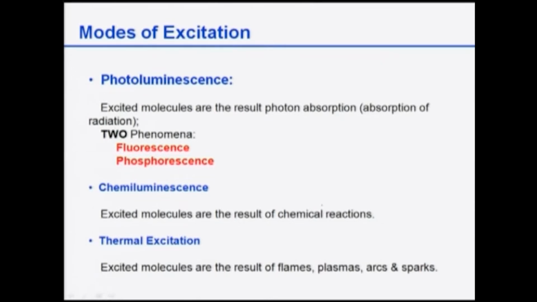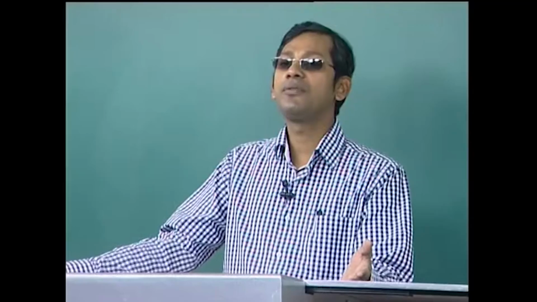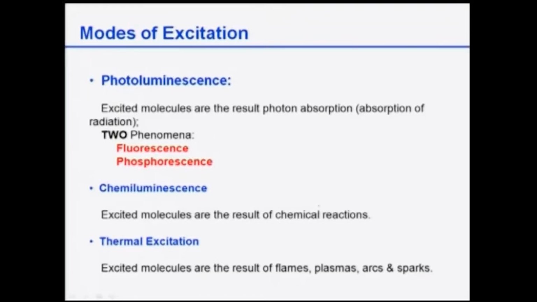Excited molecules are the result of photon absorption, like absorption of radiation. So, when a certain radiation falls on a molecule, if the molecule can absorb this radiation in terms of photons, we call it photoluminescence. There are two kinds of phenomena that can occur, one is fluorescence, the other is phosphorescence, which we will discuss separately after certain slides.